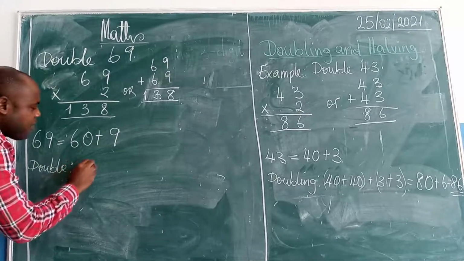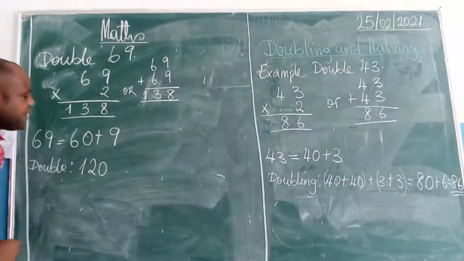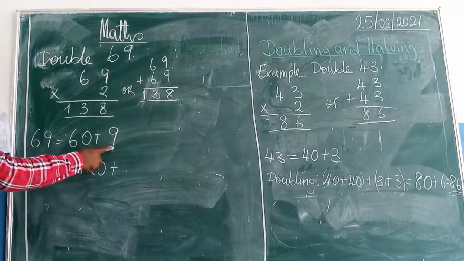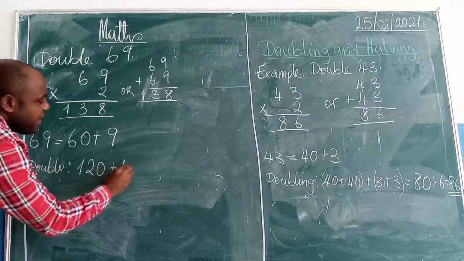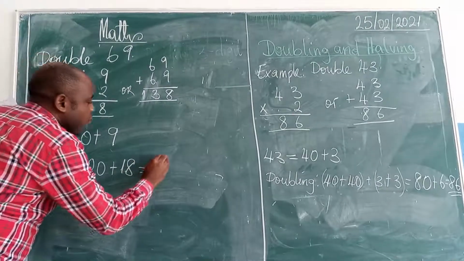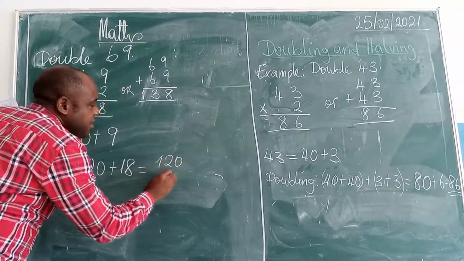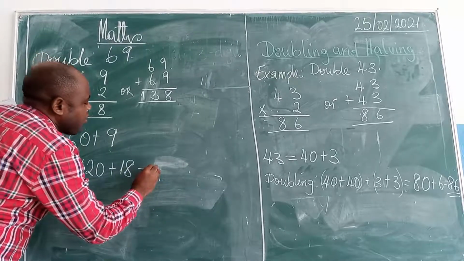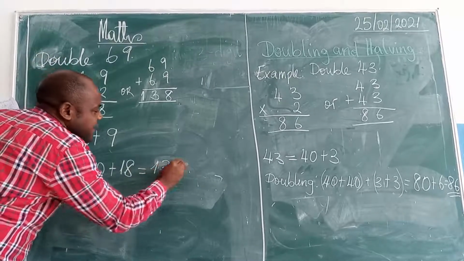I will have 120 plus 9 plus 9 is 18. So this will give us 138.